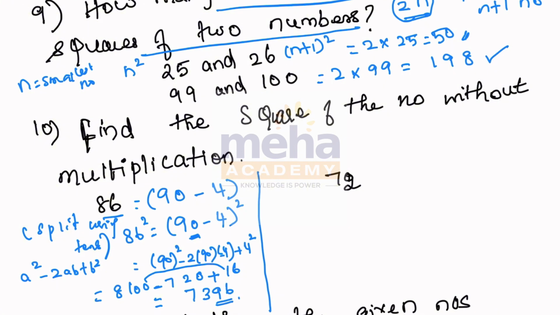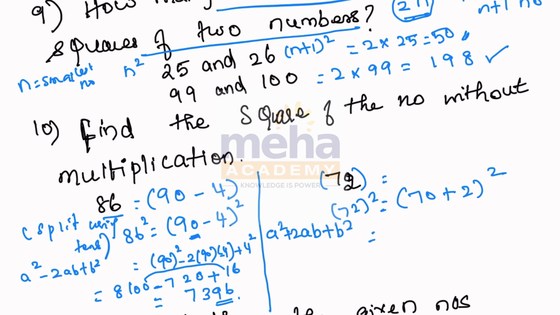The other question, how will I solve? For this I will split it as 72 square is equal to 70 plus 2 the whole square. So this is a square plus 2ab plus b square. That would be 70 square plus 2 into 70 into 2 plus 2 square.